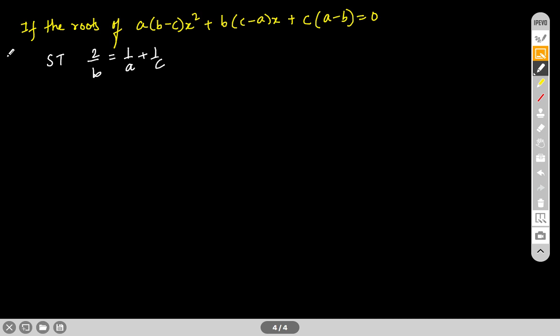So basically you have to prove that (a plus c) into b is equal to 2ac.